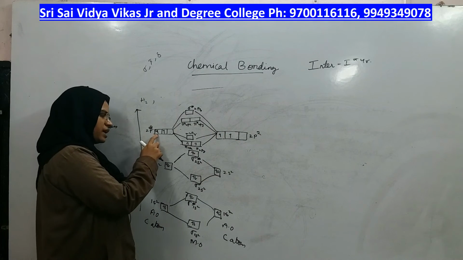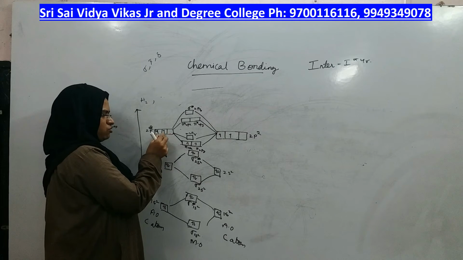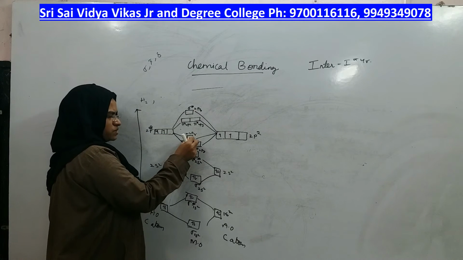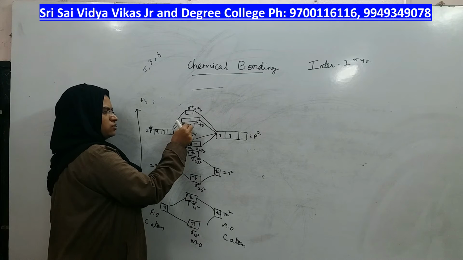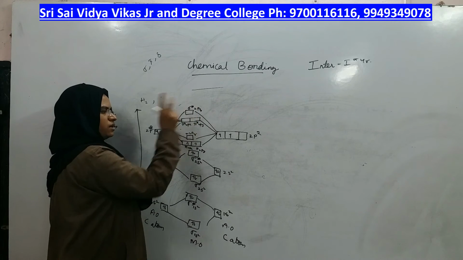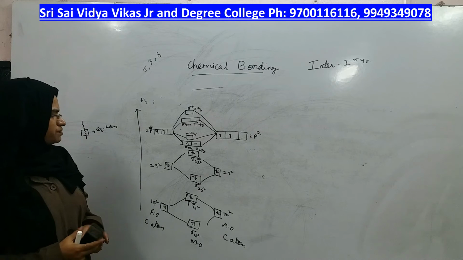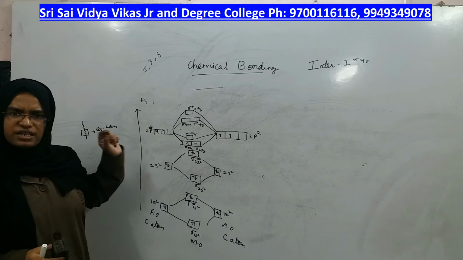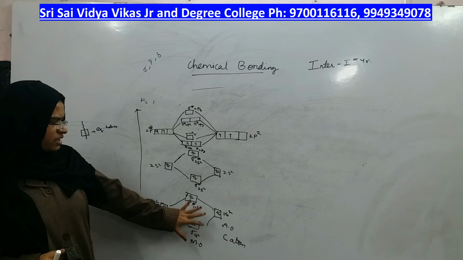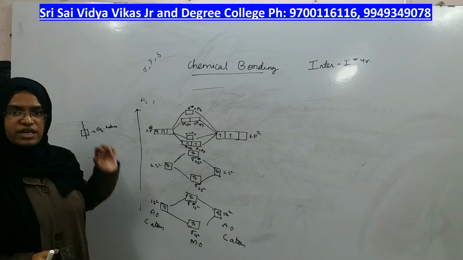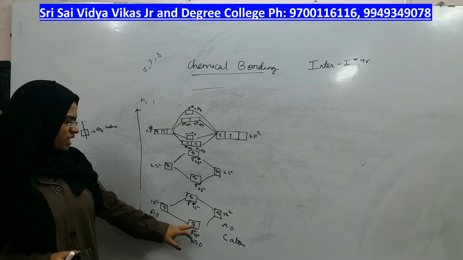In that 2px, 2py, 2pz. 2px and 2py are here, 2pz is here. So 2px, 2py anti-bonding and z anti-bonding, right? So now what I will do, earlier there were 10 electrons, so you have filled in the given order. Now the number of electrons is 12, but there are only 10.